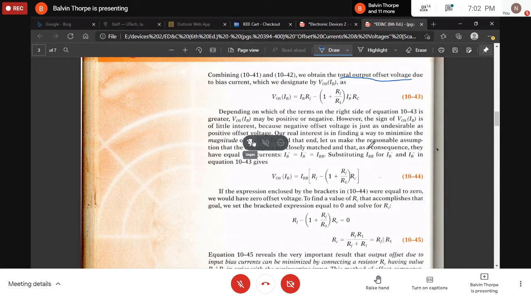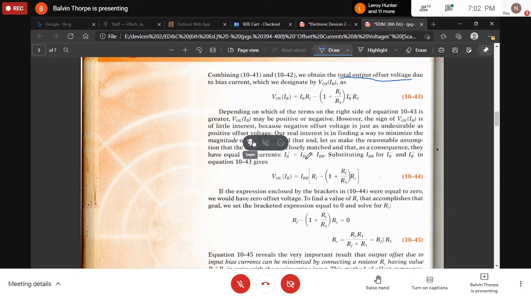Towards that end, let us make a reasonable assumption that the two inputs are closely matched. In other words, remember we saw that because we assume virtual ground, we can assume that IB minus and IB plus are also equal. Consequently, IB plus equals IB minus. Remember, plus and minus just mean the currents are on the non-inverting and inverting terminals, right?